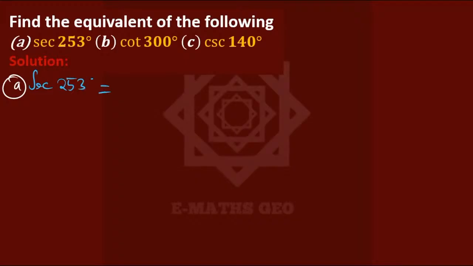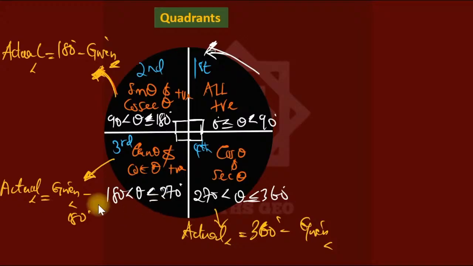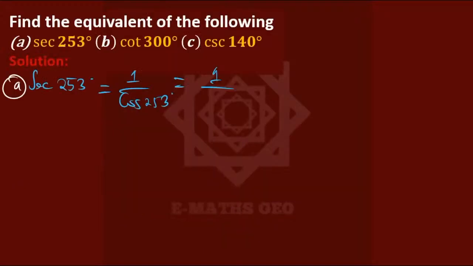So sec, we can write it as 1 over cos. Yes, let's start with that. 253 is in which quadrant? From the range, it is in the third quadrant. In the third quadrant, we use the given angle minus 180.